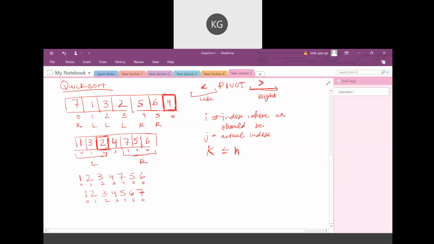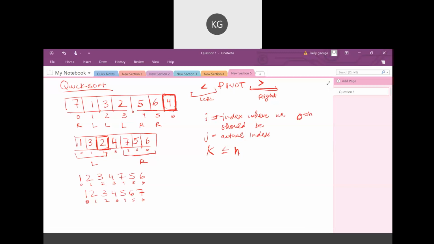Indexing could be a little annoying, but let's say that when we're referring to i, which is the ith smallest number according to the problem, the 0th index means the 0th smallest number, the first index means the first smallest number, the second index means the second smallest number. So when I'm saying the ith smallest number, I'm starting with 0th as the smallest, just so that the indexing is the same and it's easy to go between j, where we're talking about indexes, and i, when we're talking about the smallest numbers.